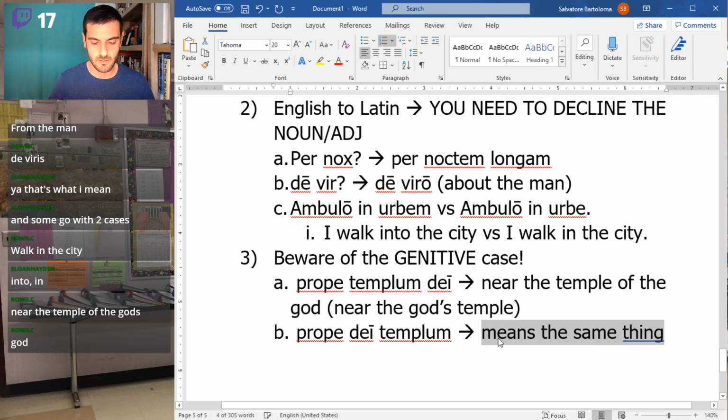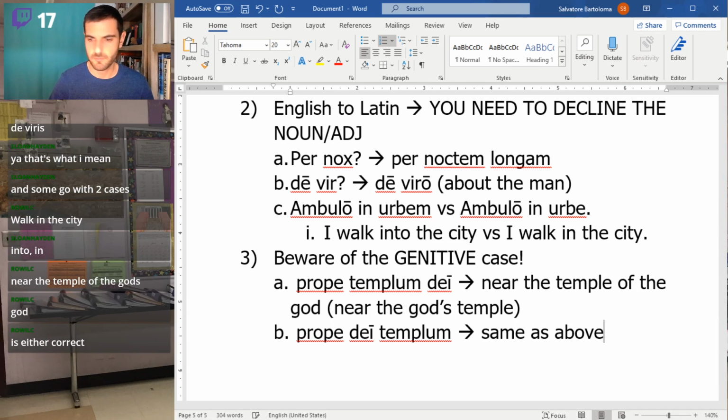Either one is correct. So if I ask you to go English to Latin and there's a genitive involved, you can put it at the end or in between, and it translates exactly the same way. It's just a preference.